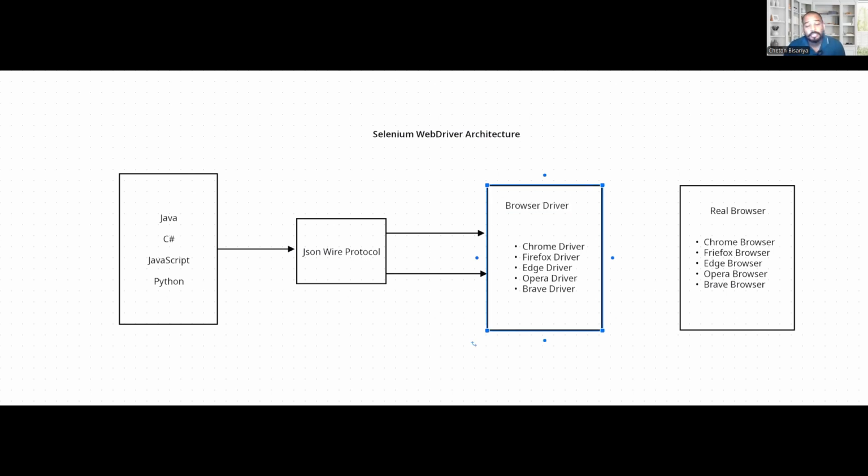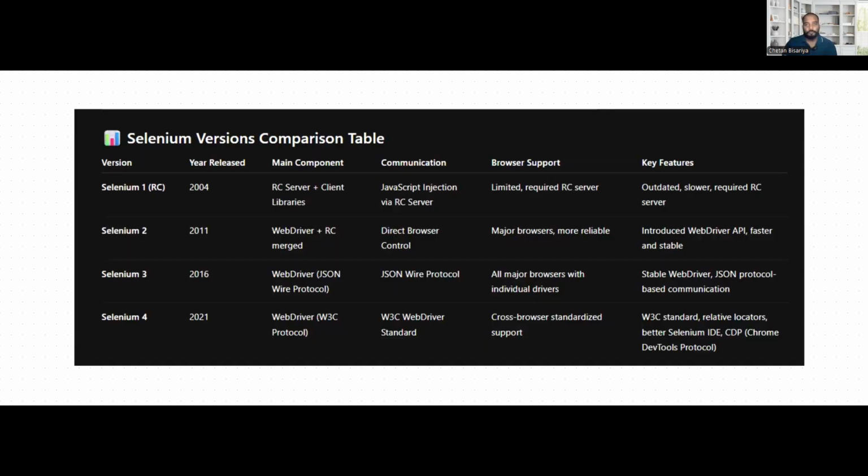Basically, Selenium WebDriver is an interface. There are methods written there, and we have classes which use those methods. These are the Chrome driver, Firefox driver, Edge driver, Opera driver, and Brave driver. Each class, like Chrome driver, is made so that its internal methods are able to communicate with the Chrome browser. Similarly with the Firefox driver.